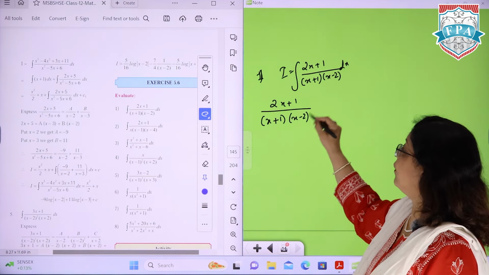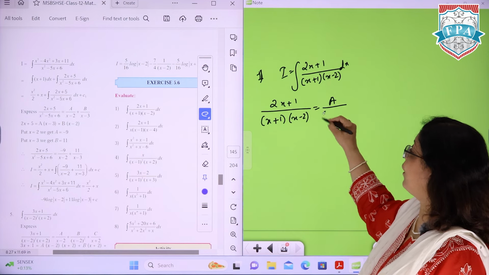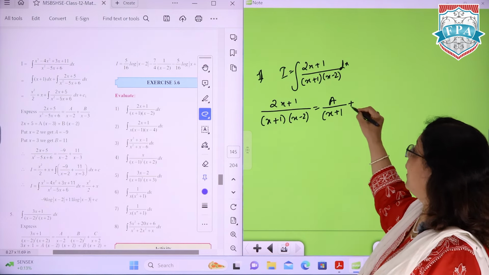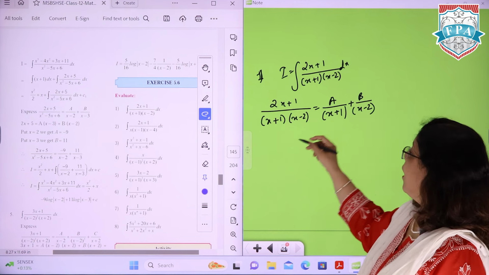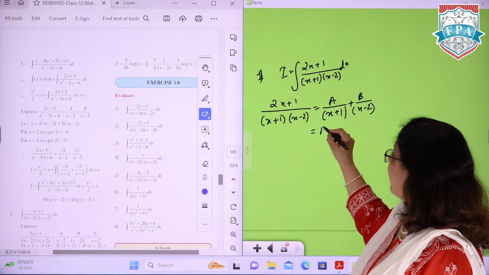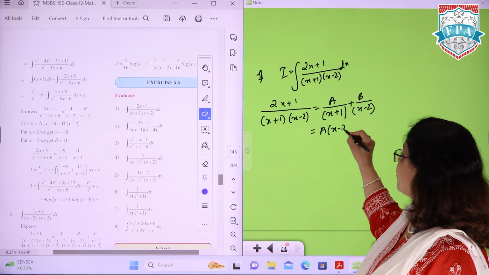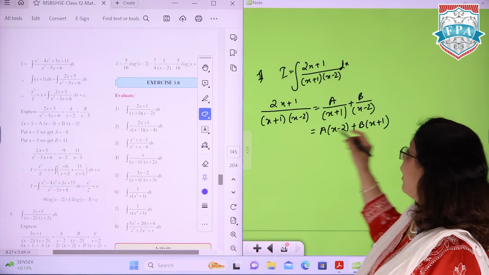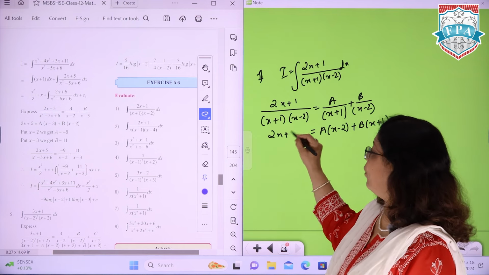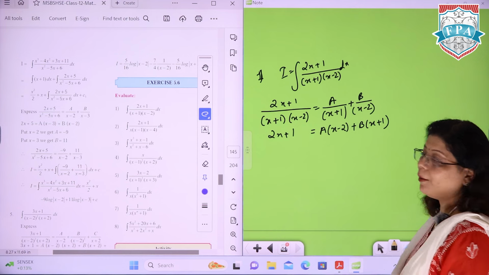So we divide it into A upon x plus 1 plus B upon x minus 2. So this becomes now A into (x minus 2). We have to compare only the numerator. Upon, 2x plus 1 is equal to this. The denominator will be the same in both.